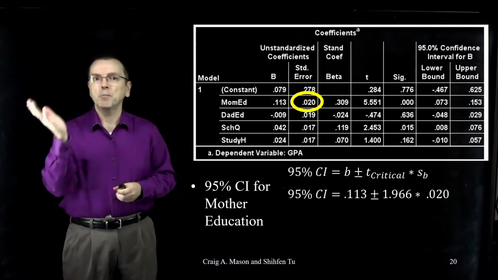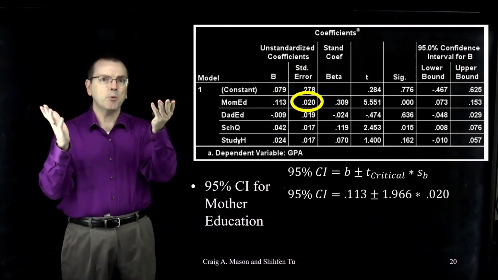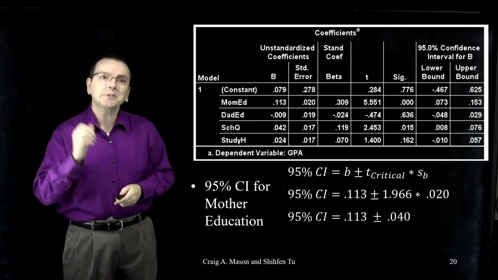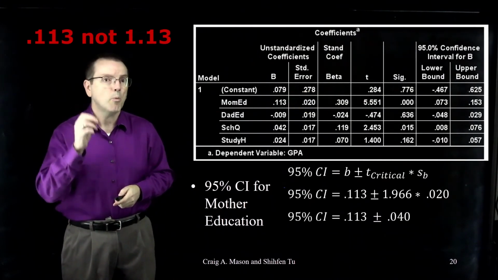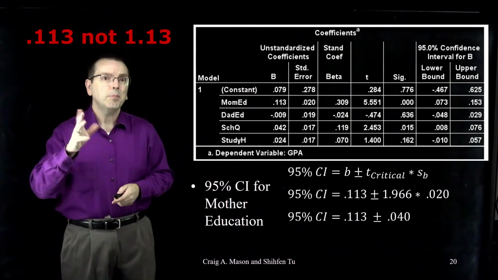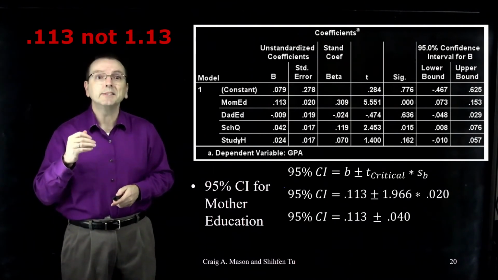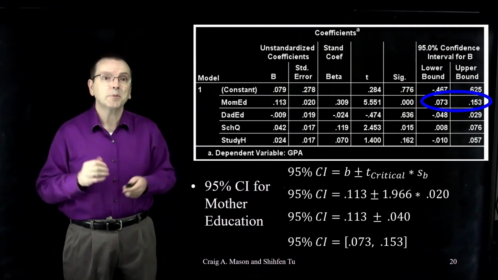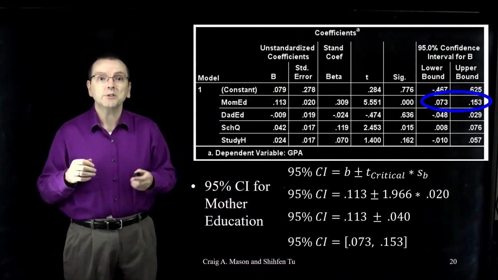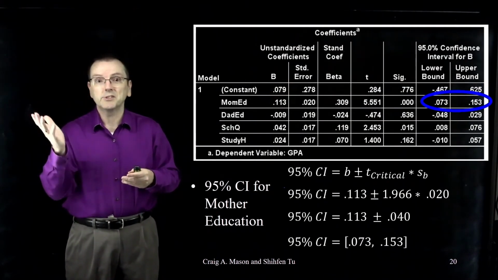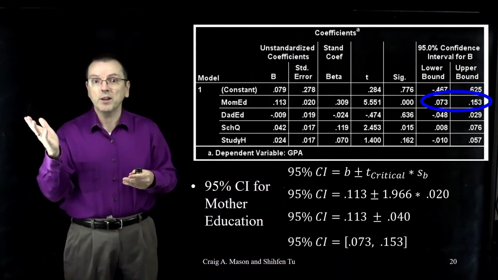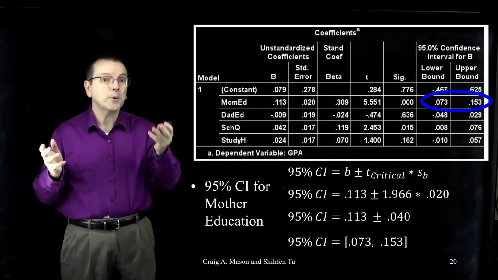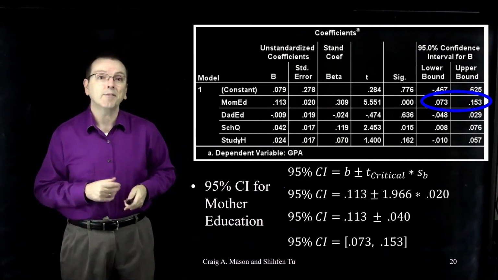If we multiply 1.966 times 0.020, we get our 95% confidence interval equals 0.113 plus and minus 0.040, or our 95% confidence interval equals the range from 0.073, that lower limit of the confidence interval, up to 0.153, the upper limit for our confidence interval.